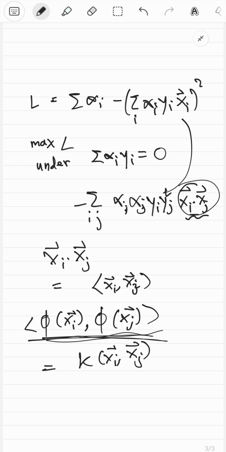Because you might not be able to figure out what sort of phi you really want, because not all phi have this nice property that you can write them as just some function k of xi vector and xj vector.